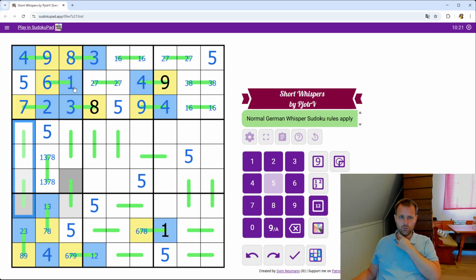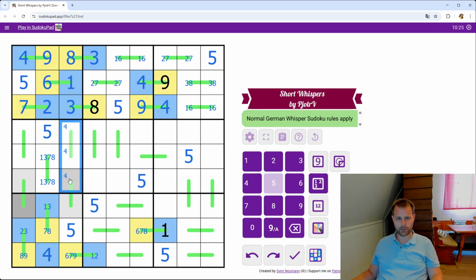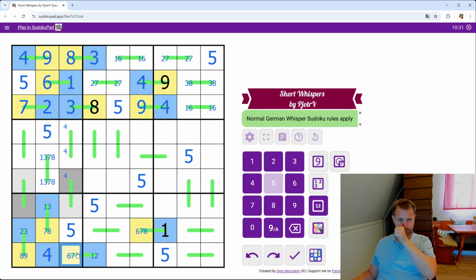So where does the 4 go in here? It's somewhere in here. So that means the 9 is somewhere in those places. So this is definitely not a 9. But the 9 could be here and then a 9 in here.